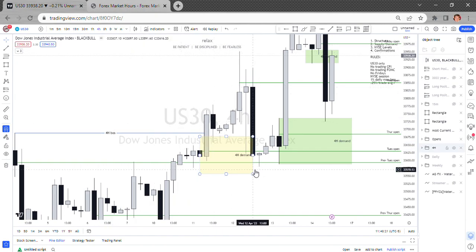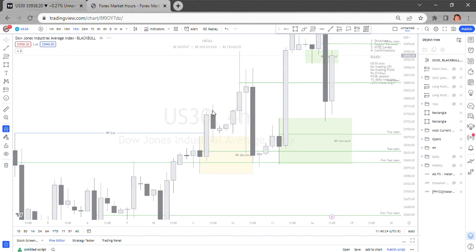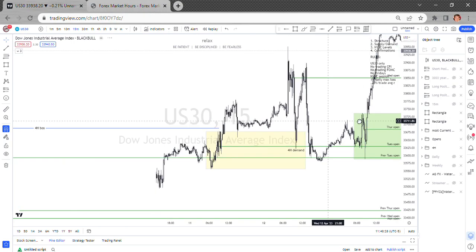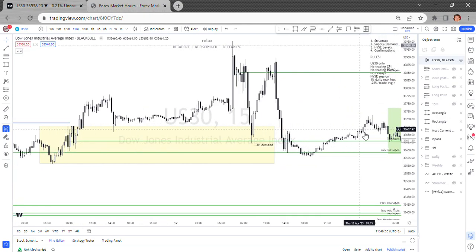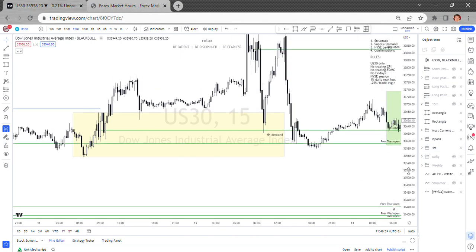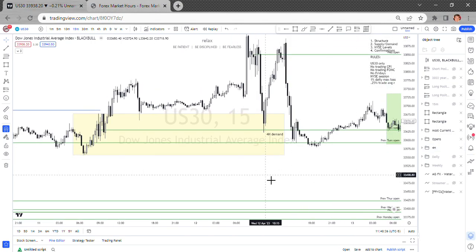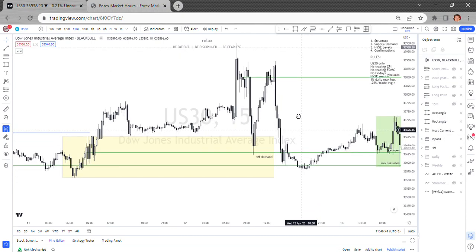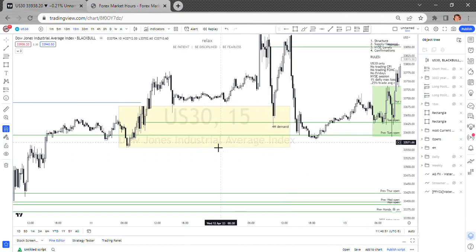All right, so that's the 4-hour demand that I was watching. So price Wednesday tapped, broke higher Wednesday afternoon, then retraced back into this, further into this demand zone.